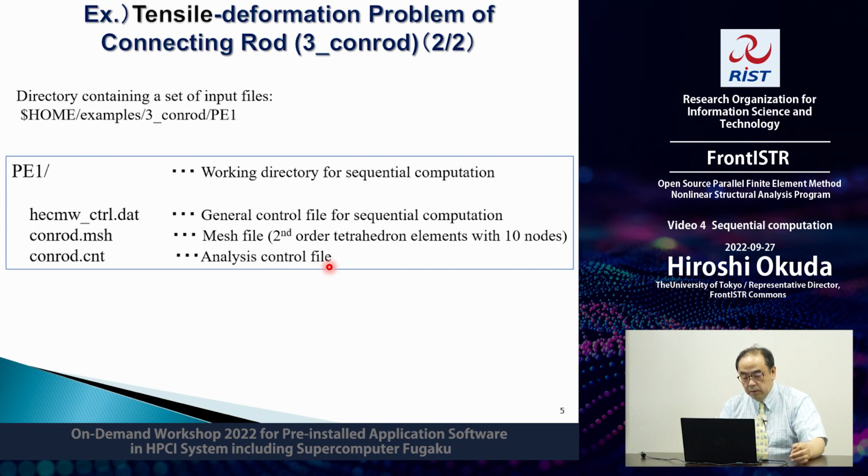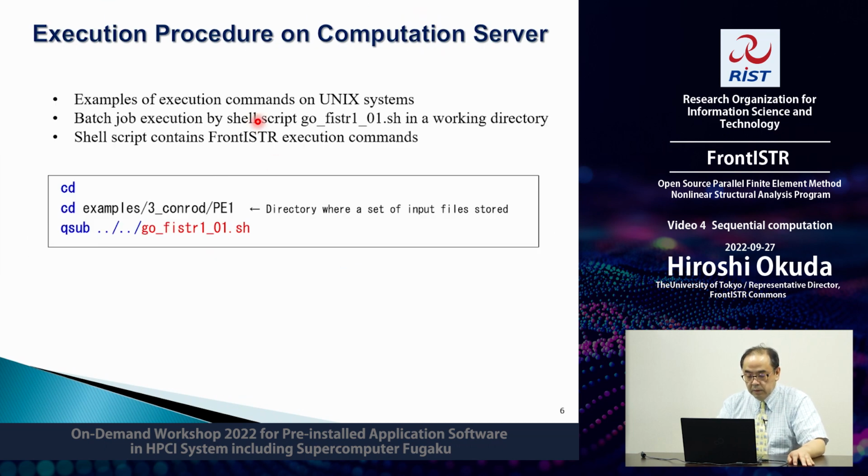Okay, and the next step is to actually run FrontISTR. This series of commands is also an example on some Unix system. Here you move to the directory where the input files are stored. When you run FrontISTR, there are various ways of activating it, but in this example, you submit a script file named go_frontistr101.sh, a shell script.